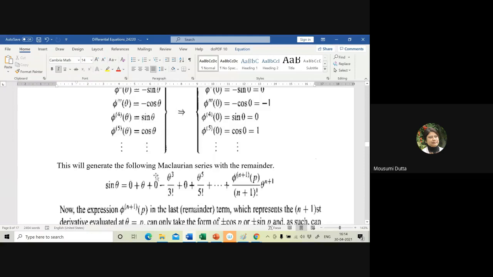So if theta is equal to 0, I expect all of you are understanding this Maclaurin series, which is sine theta is equal to this.